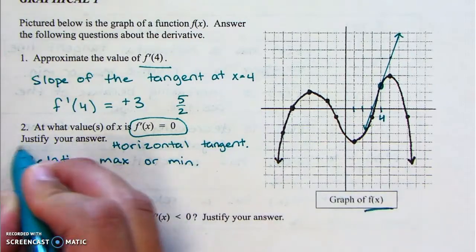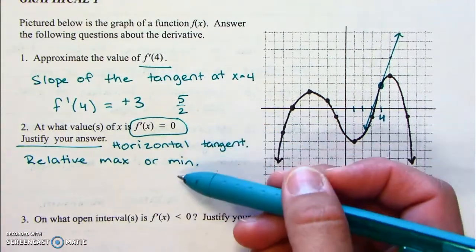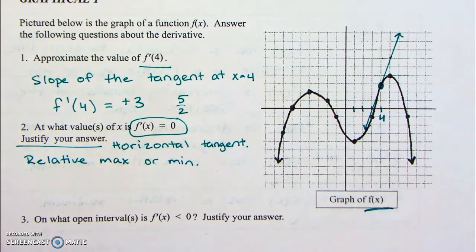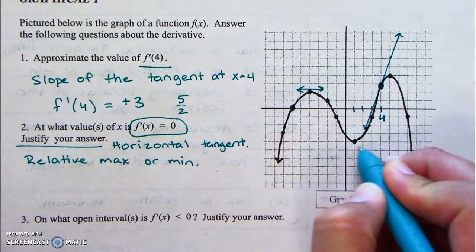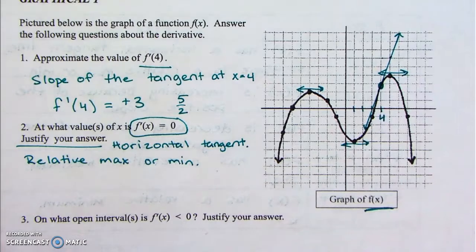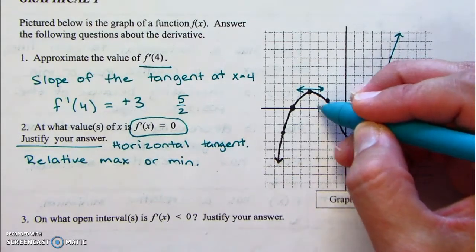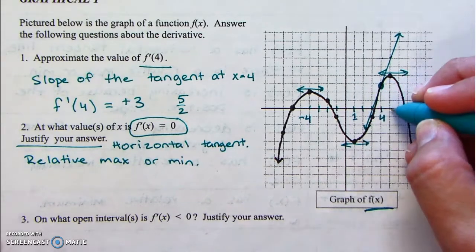So do you see how it says justify your answer? I justify the answer first. I write down the definition, and then we go and find the answers. So relative max or min is here, here, and here. So where are those heres? 1, 2, 3, 4. Is this the same graph as before? Oh.